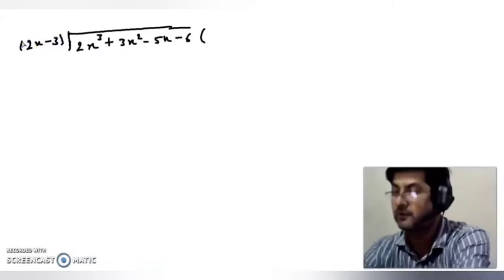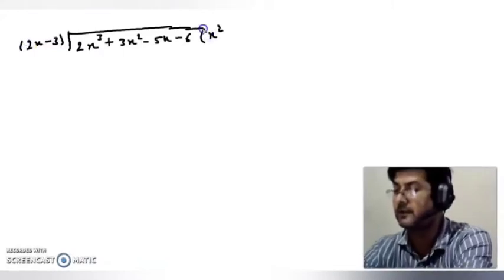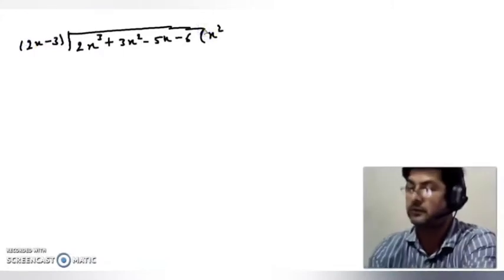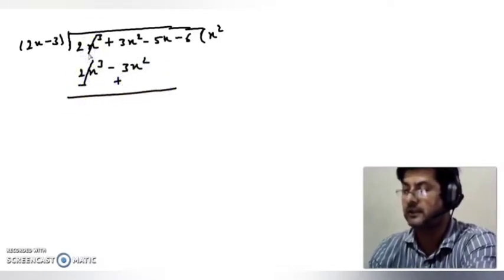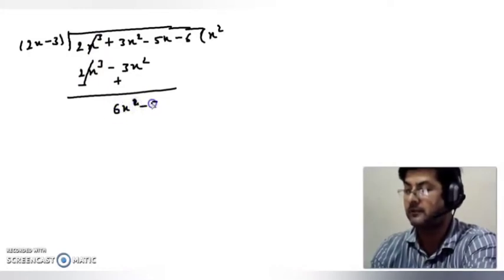Okay, so first we'll multiply by x square. So 2x cube minus 3x square, minus plus, okay, 2x cube plus minus gets cancelled, 3 plus 3, 6x square minus 5x.